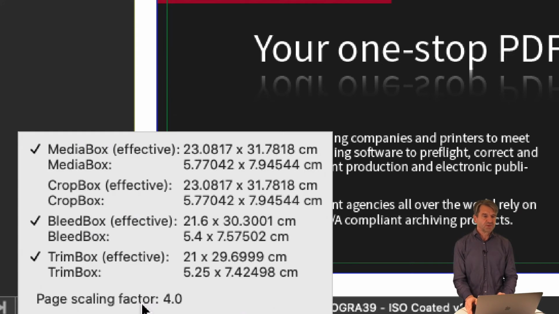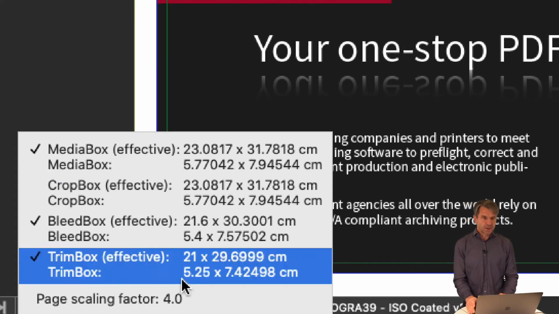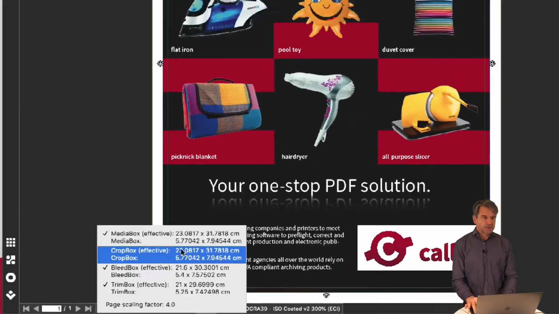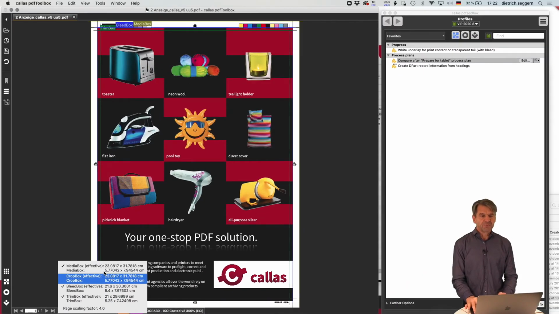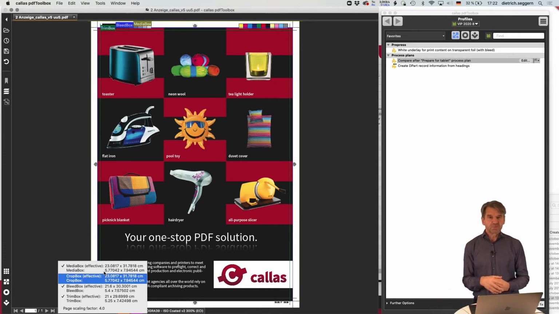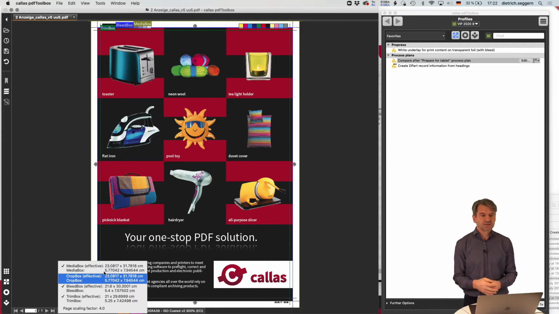In pdfToolbox that is called 4, which means all the values on the page are 4 times smaller than they will appear. And in pdfToolbox 12, we have kind of built user units into the system in various places. And this is one of the places.